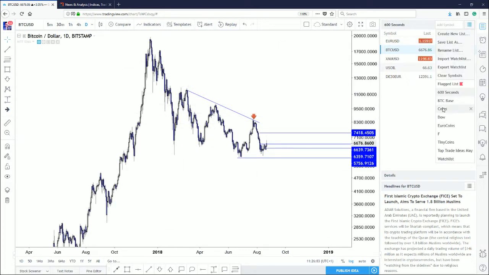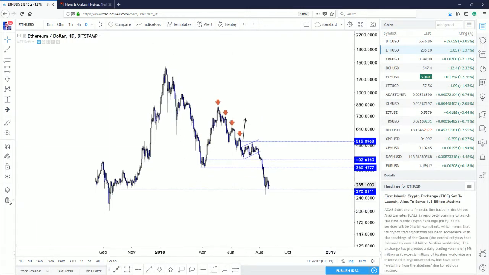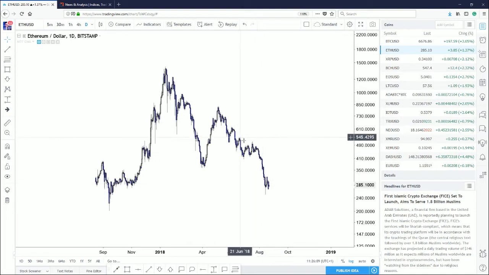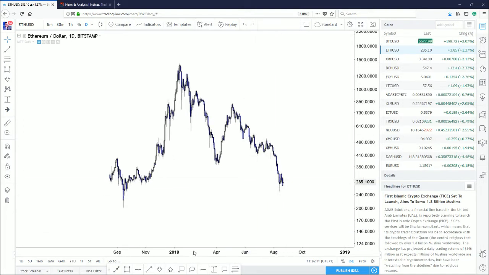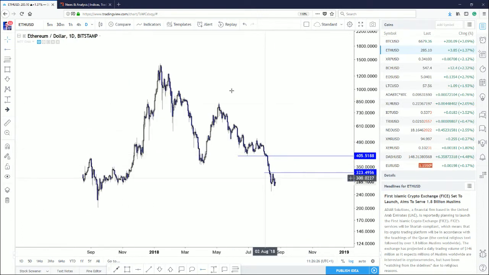And if you look at other coins like Ethereum, Ethereum is extremely oversold, but also in a downtrend. Maybe Ethereum is going to bottom out down here, take out 323, and this market could go up to potentially 410 or so, 405, but we're still dealing with a downtrend here.